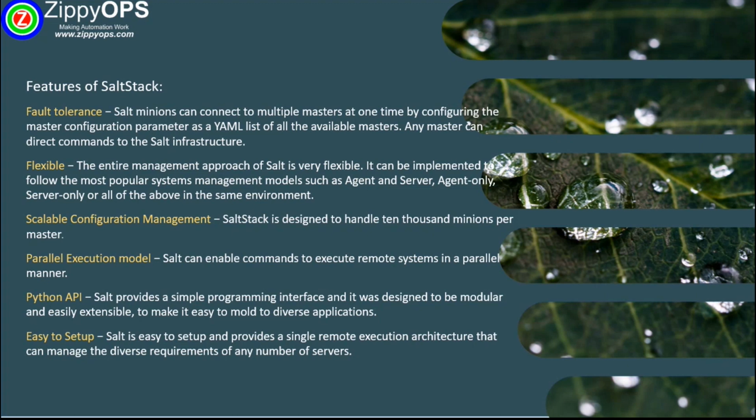You don't need to control Salt manually using the CLI or anything, and using the API you will be able to trigger all the Salt actions. It will be easy to manage, and it is easy to set up because you are going to have one master, and from there you can control all the nodes which are connected to it.